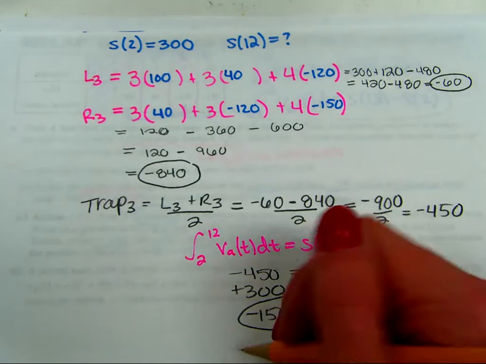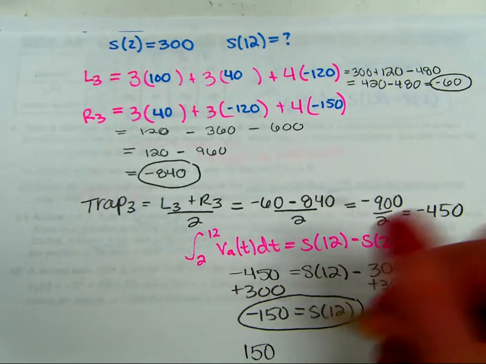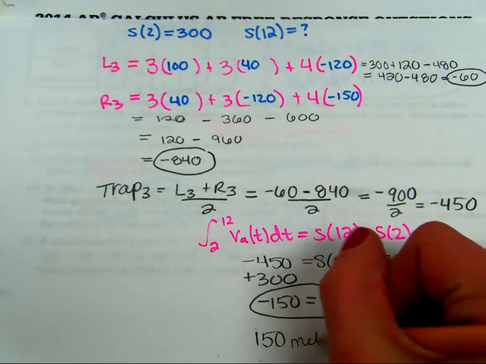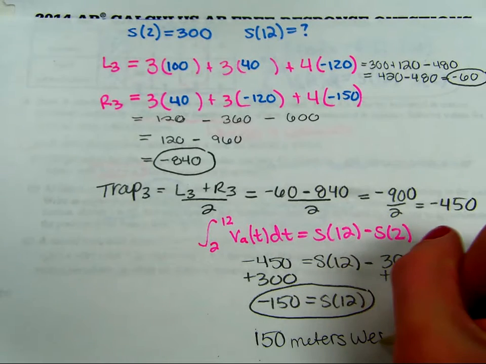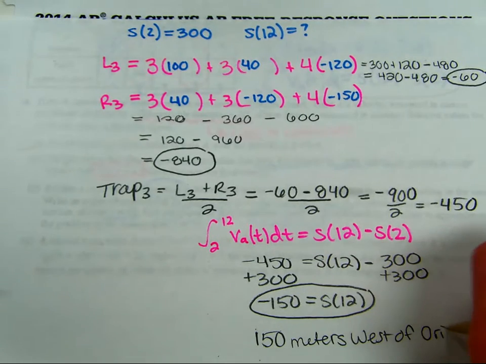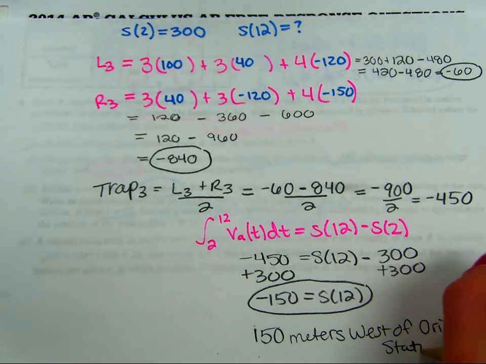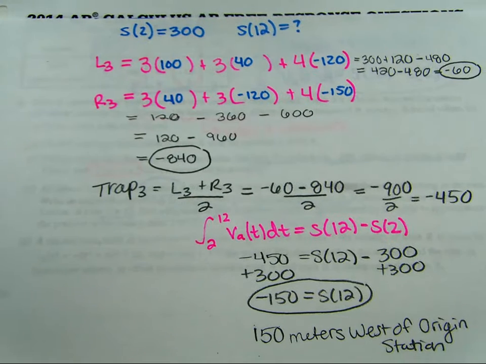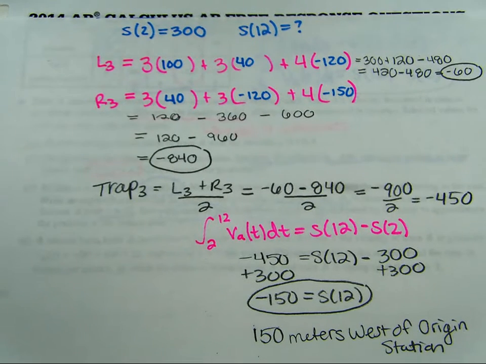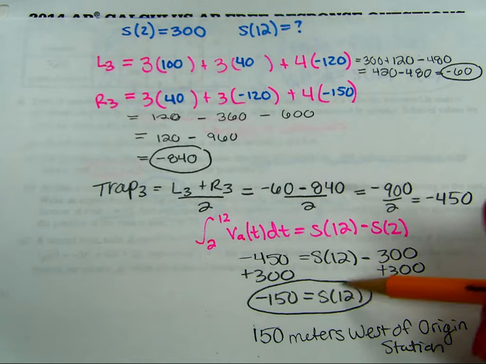That would mean, I think we're talking about meters, 150 meters west of origin station is where that train is, if you wanted to explain it or make sense of it. This answer would probably be good enough since the question did not ask for an explanation.